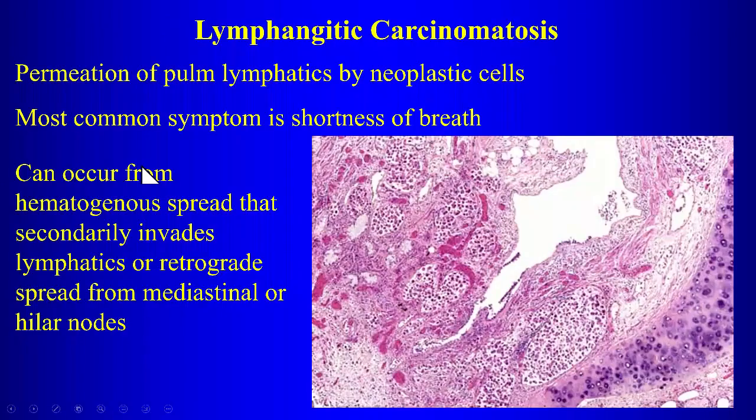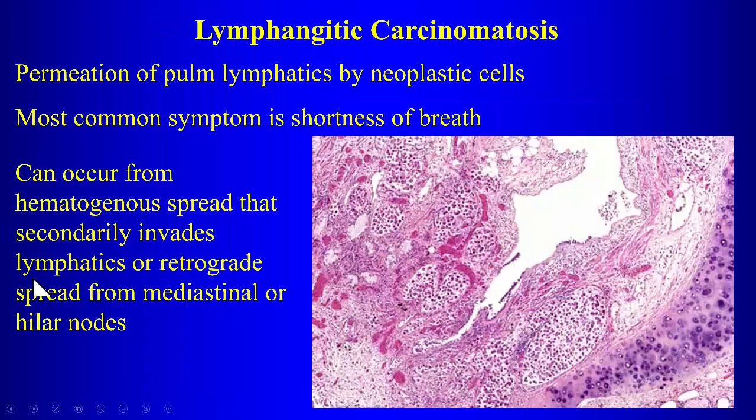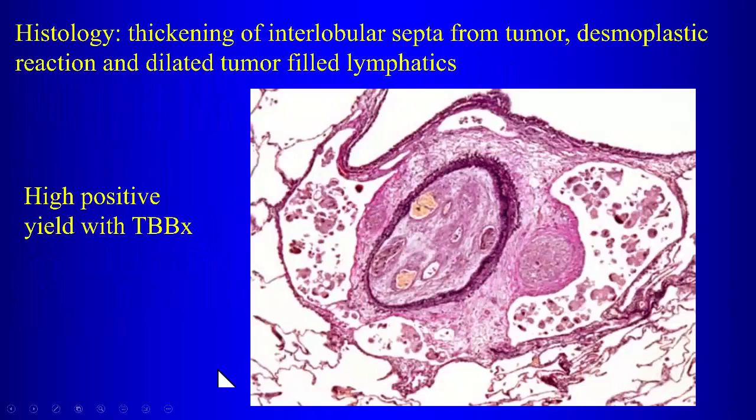So what we see with lymphangitic carcinomatosis is interlobular septal thickening that outlines the secondary pulmonary lobules, but there's also nodularity associated with that. If there's nodularity associated with the interlobular septal thickening, then you especially need to consider lymphangitic carcinomatosis. Here the lymphatics are permeated with tumor cells. Okay, so the tumor cells are in the lymphatics.